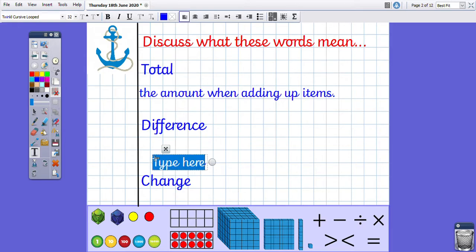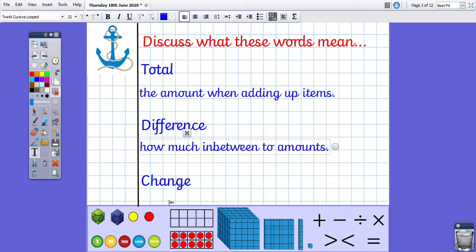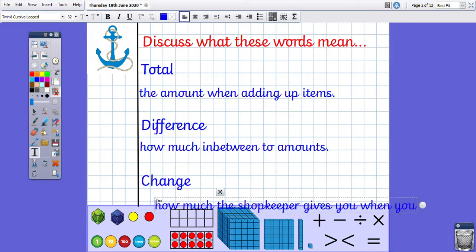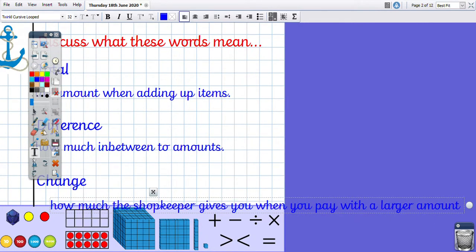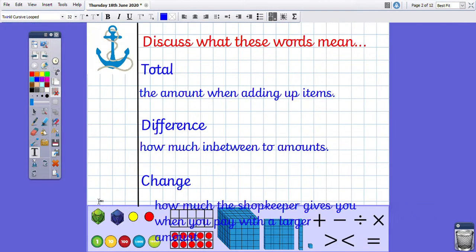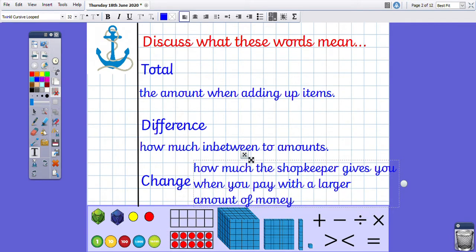Difference is how much in between two amounts. And change is how much the shopkeeper gives you when you pay with a larger amount of money.